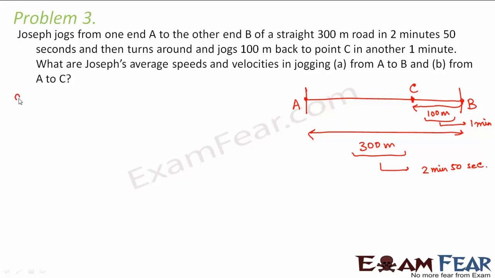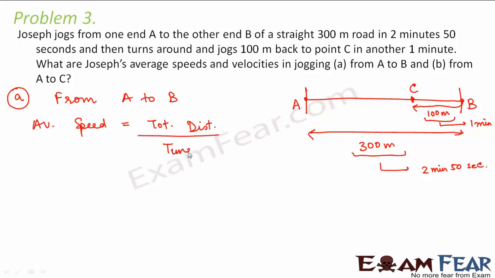So let us first try to solve the first part, that is from A to B. So from A to B, we have to calculate the average speed and average velocity. So first calculate average speed. Average speed would be nothing but the total distance traveled divided by the total time taken. So from A to B, what is the total distance traveled?